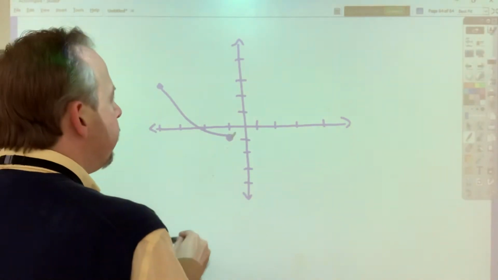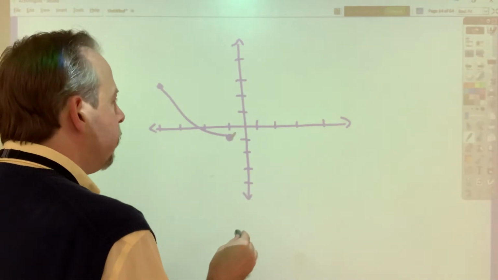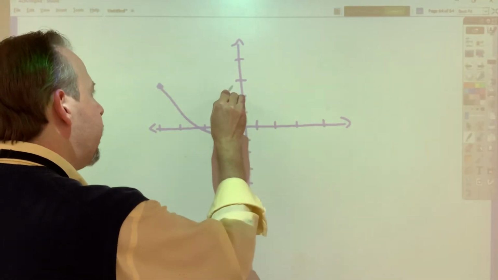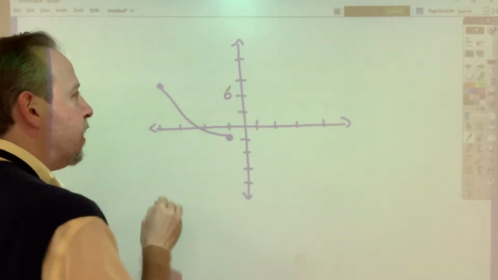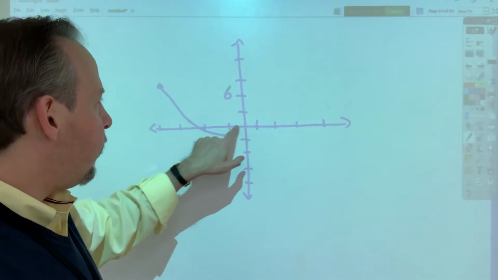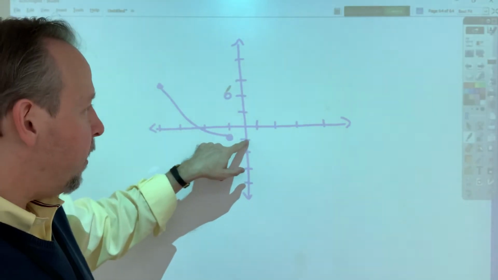Now, it's going to jump up to here. I'm going to use an open dot. Just like on our inequalities, because that's a closed dot, that means it exists when x is -1. The function exists down here, also at -1.